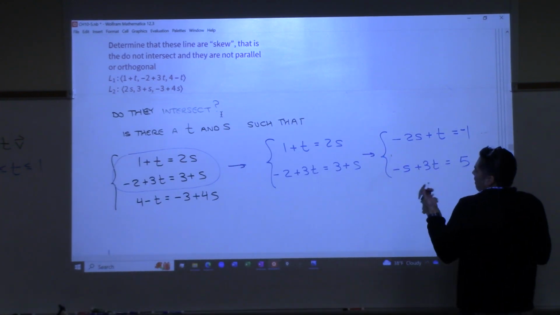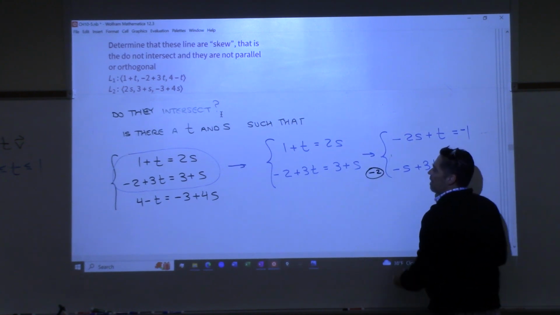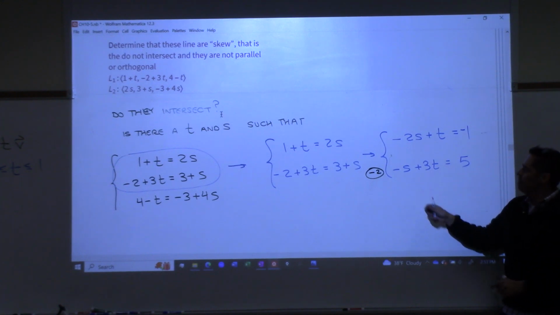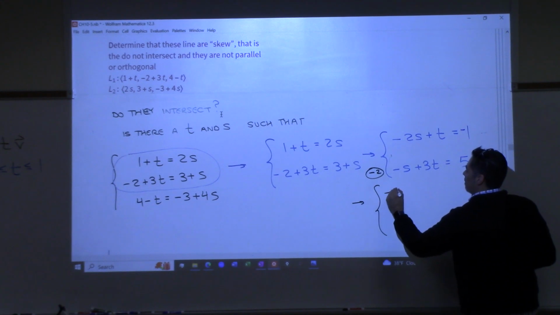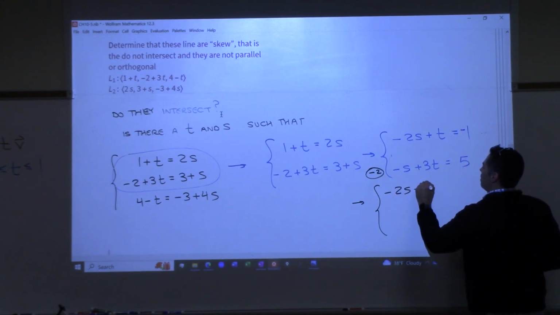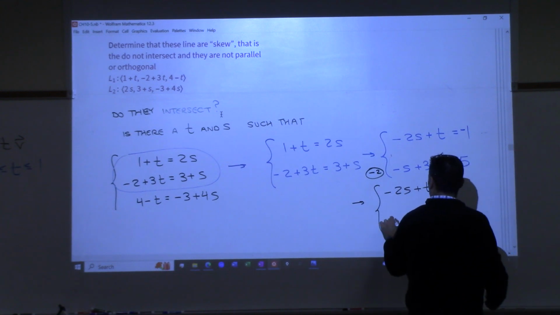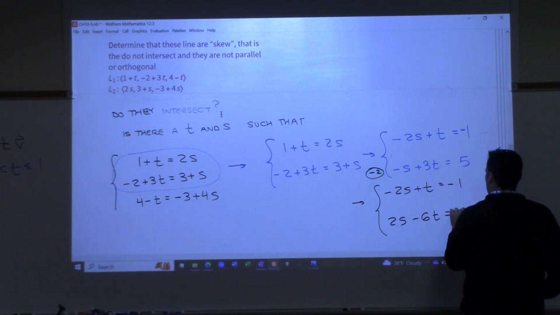I'm going to multiply the second equation by negative 2, because I'm up here, I'm in control. That way I'll get my s's to cancel. So when I multiply my second equation by negative 2, I get 2s plus t equals negative 1. And then the other equation becomes positive 2s minus 6t equals negative 10.